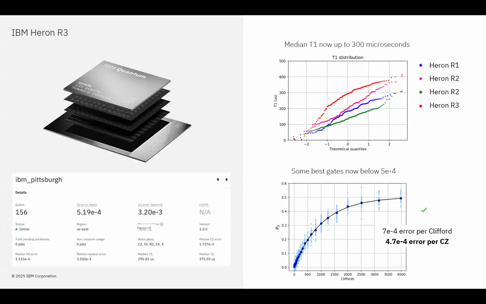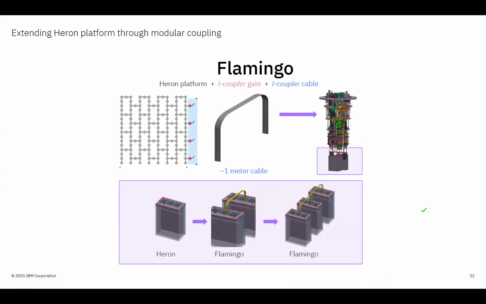You already are familiar with the Heron system, but what you can find right now on all of the systems is that we are on revision 3, and as you can notice, it has the longest T1 time and also the lowest error rates when we are just using the system with the Heron 3.